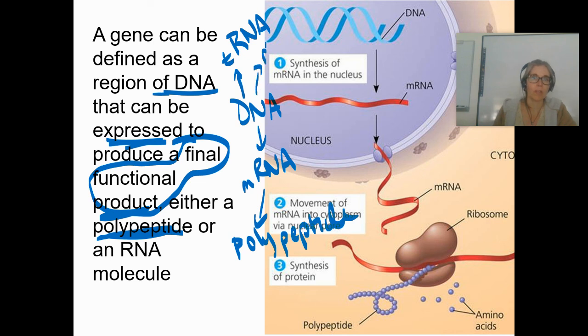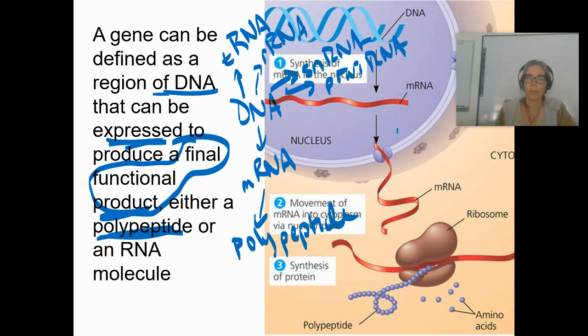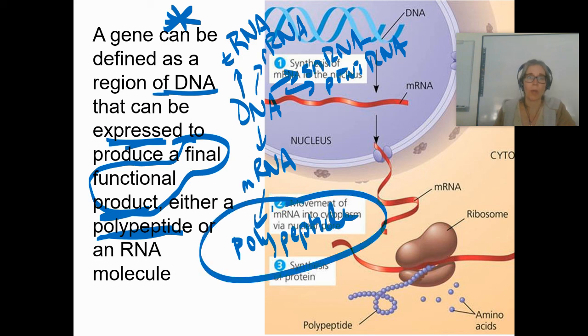Or it could make ribosomal RNA, or small nuclear RNA, or Pee-wee RNA. We'll talk about all of these later. Or some other type of regulatory RNA. So this is actually our good working definition of a gene right now. It's a piece of DNA that codes for some product, which could either be a polypeptide or sometimes just a type of RNA.